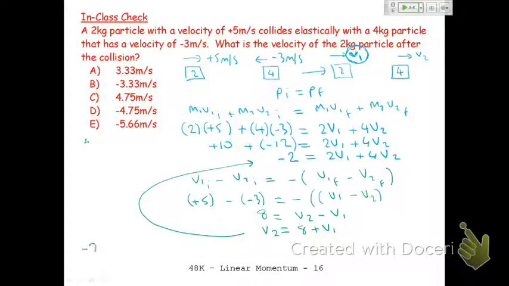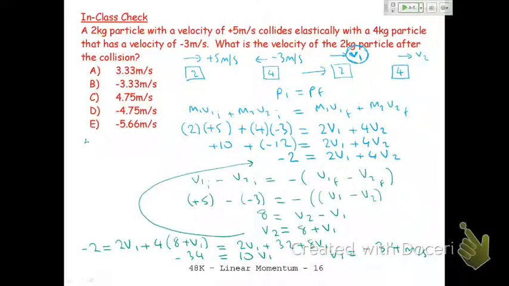So I go minus 2 is equal to 2V1 plus 4 times (8 plus V1), which equals 2V1 plus 32 plus 8V1. So then I take that to the other side, minus 34 is equal to 10V1. So V1 is equal to minus 3.4 meters per second, which is not there.